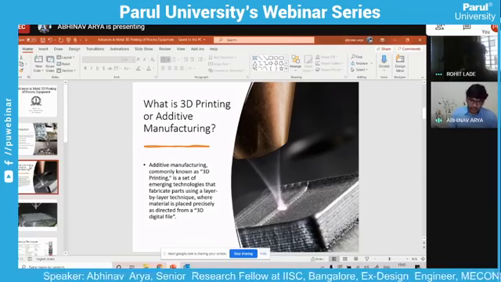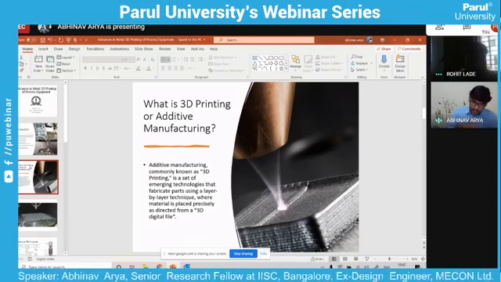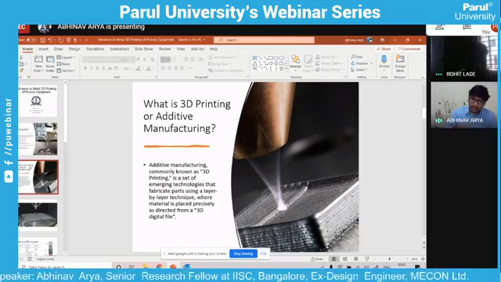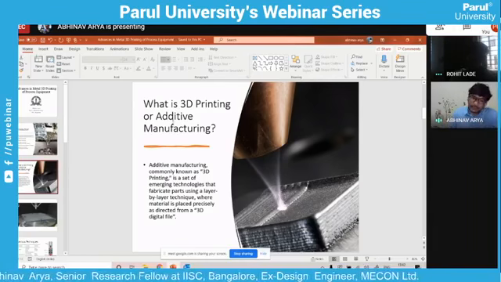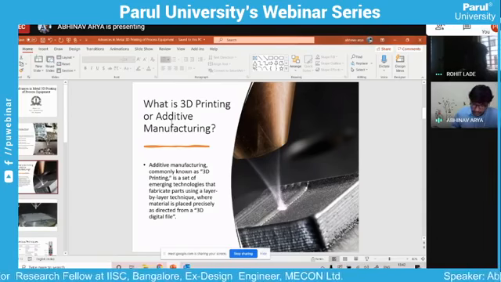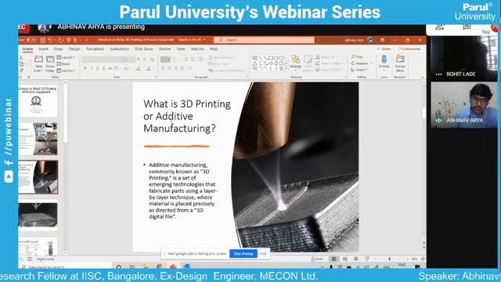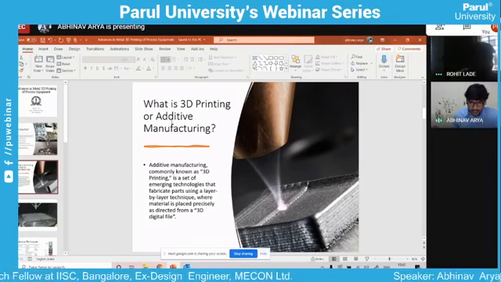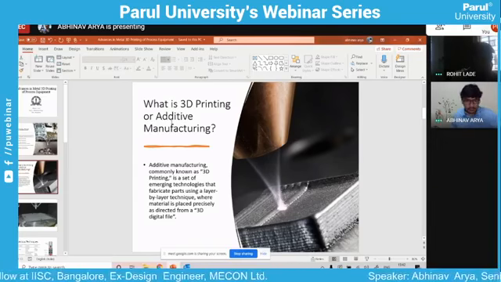We add material on one layer, then another layer. That's why it is called additive manufacturing. A fancy name for it is also 3D printing, because we are printing the material in three dimensions. So these are the same.